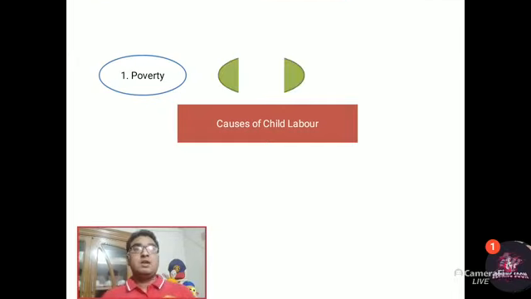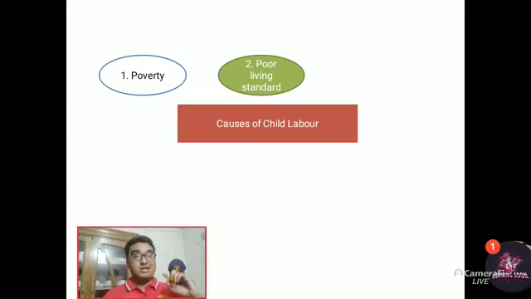Number two, poor living standard. The living standard of Bangladesh is not good at all. Due to the poor living standard, many parents send their children to work for earning money. So this is one of the causes of child labor.